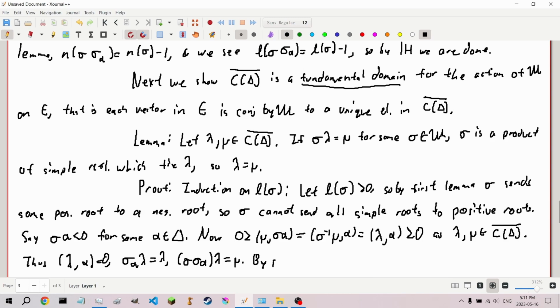By the first two of the previous lemmas, we have that the length of sigma times sigma alpha is the length of sigma minus 1. So by the induction hypothesis, we are done.